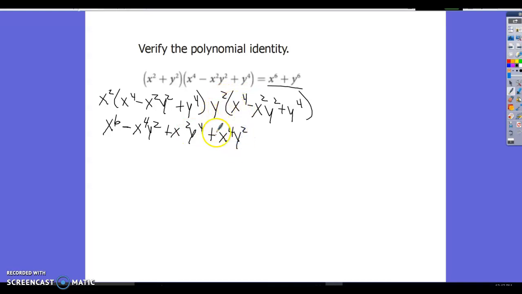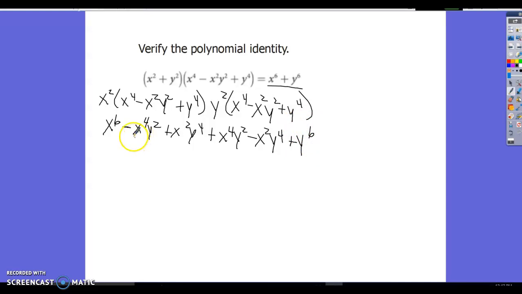So when we change the order, we're using commutative property, but it's just an easier way to keep track of things. All right, and then I've got minus x squared, and then y squared times y squared is y to the fourth. And then I've got y squared times y to the fourth. Same base. Remember, you add exponents, so that's y to the sixth.